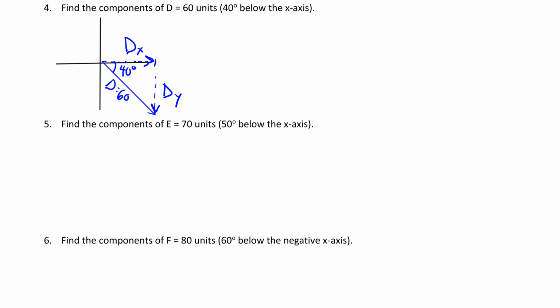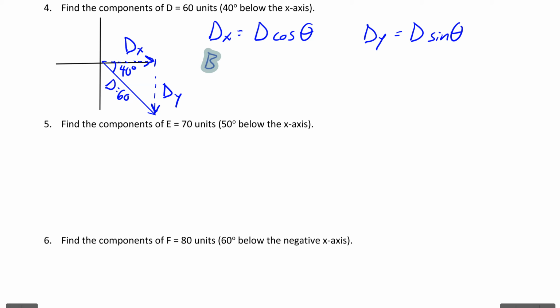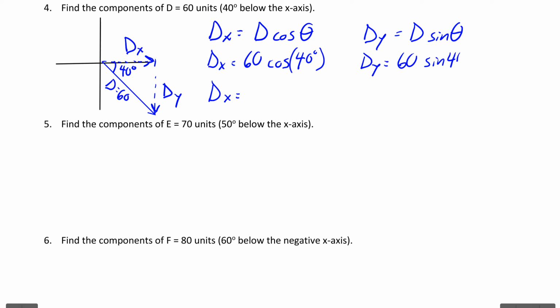The dx shortcut looks like this. Dx is equal to d cosine theta, and dy is equal to d sine theta. And now it's easy to plug in: dx is equal to 60 cosine 40, and you just plug that right into your calculator. And dy is equal to 60 sine 40.